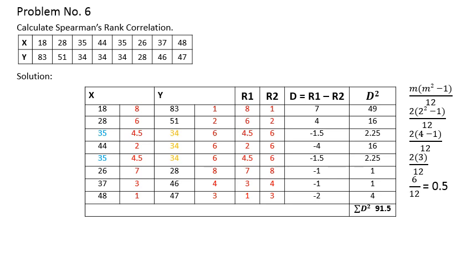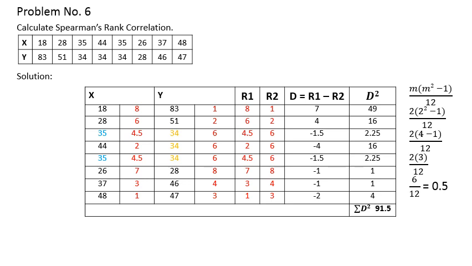That's all. Now you note down R1 and R2, the rank of the first set and the rank of the second set. Then you find the difference between R1 and R2: 7, 4, minus 1.5, minus 4, minus 1.5, minus 1, minus 1 and minus 2.